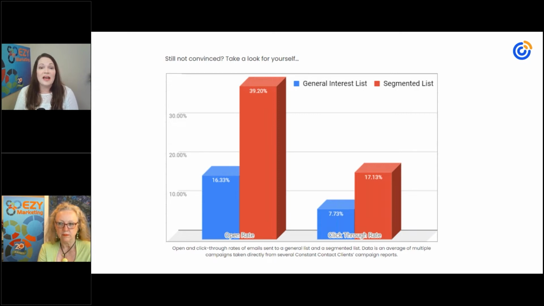There we're looking at click-through rates, which is, of the people who open it, how many clicked on something to sign up or make a purchase. Again, it's double here compared with a general interest list. And unsubscribes are lower with a segmented list as well. So hands down, the research is very clear that segmented lists are the way to go for a more effective, more lucrative email marketing strategy.